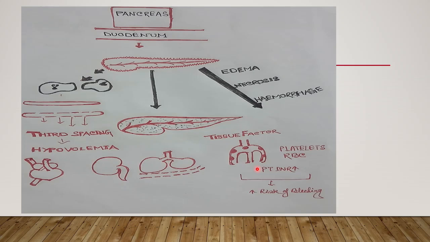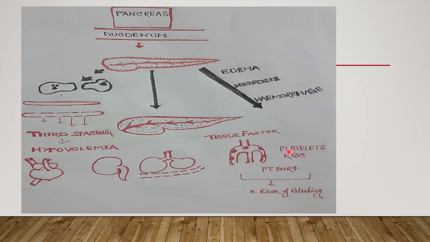PT-INR will be increased here, and lots of degradation products will be present, so D-dimer will be increased, and last of all, risk of bleeding will be increased. High risk of bleeding because platelets are not present adequately here.